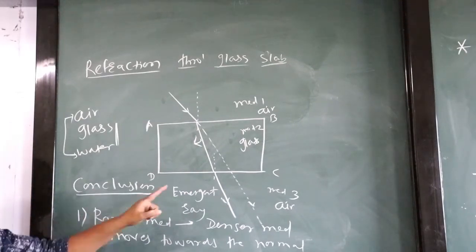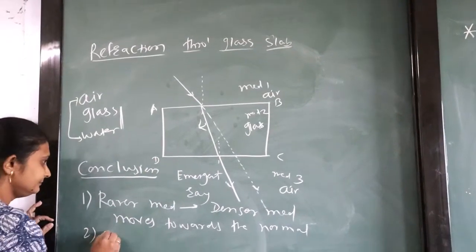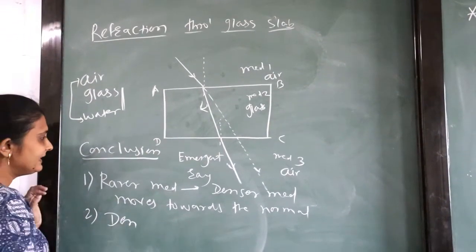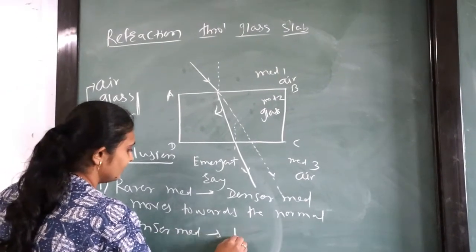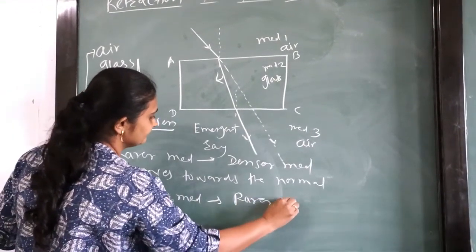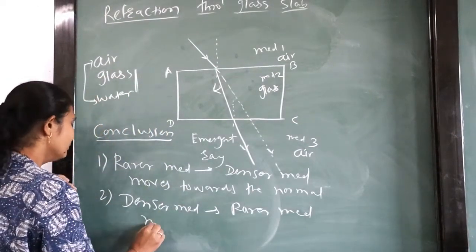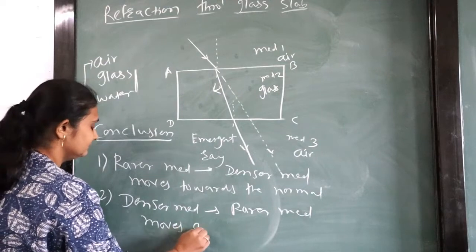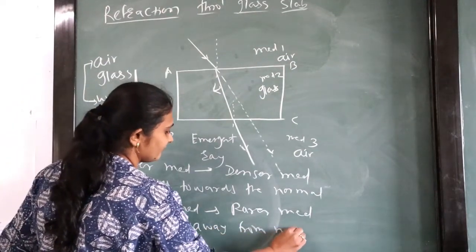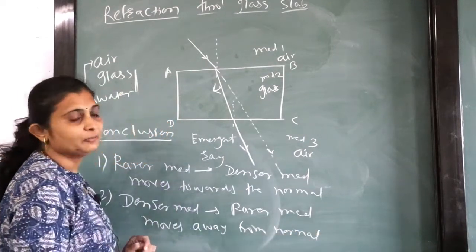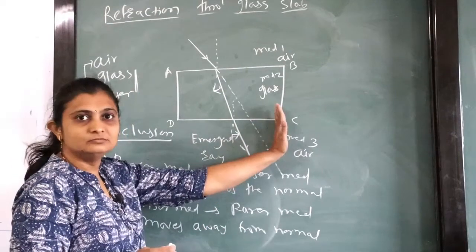Second, here from denser medium to rarer medium. When a light ray moves from a denser medium to a rarer medium, then what happens? It moves away from the normal.